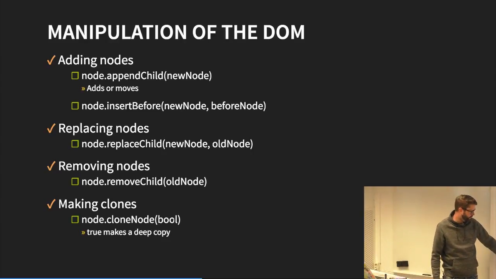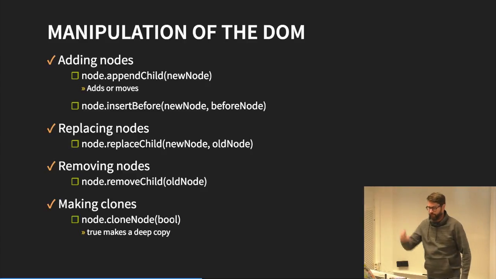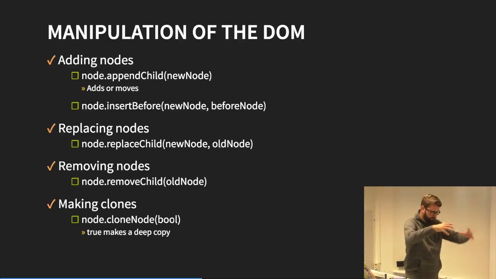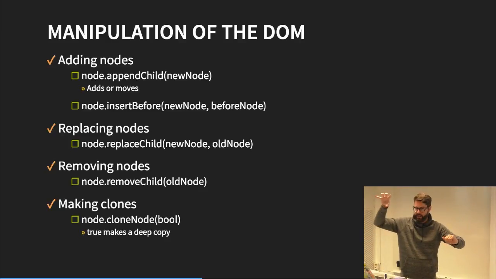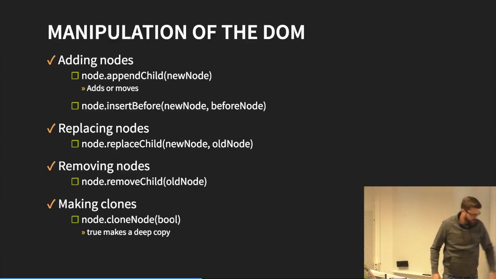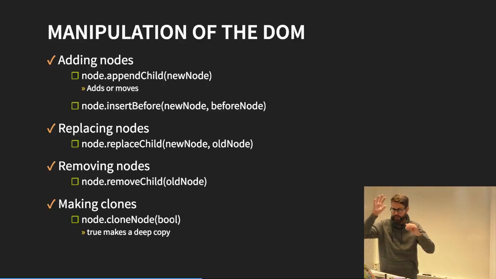So if I take a node, for instance, remember the body node, or body element. If I clone the body element, I will get a new body element. And if I send in true, then I will make a deep copy. So I will get a copy of each and every element and their children and their children.